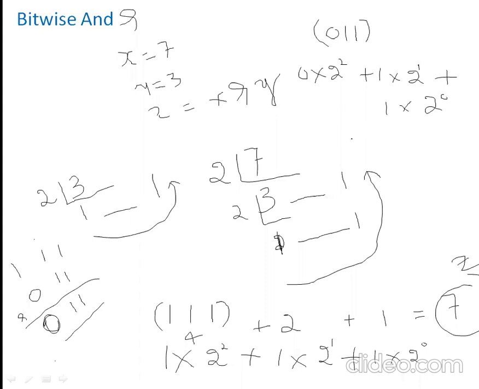So finally what we get? This is 0, and this is 2, plus 2, plus 1. So how much? 3. This 3 is our result. The value of z becomes 3.